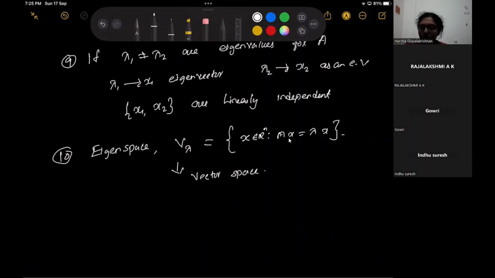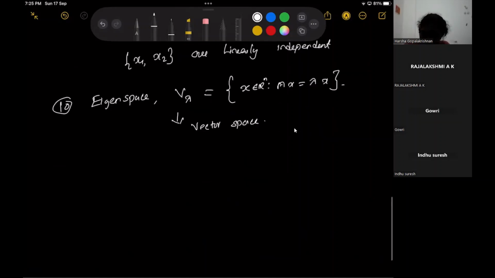In the other way, if x is 0 also, A0 equals lambda 0. That means 0 also belongs to this set V lambda. So V lambda consists of the set of all eigenvectors and the 0 vector. The inclusion of the 0 vector makes this a vector space. We have already proved that if x belongs to V lambda, then Cx also belongs to V lambda.